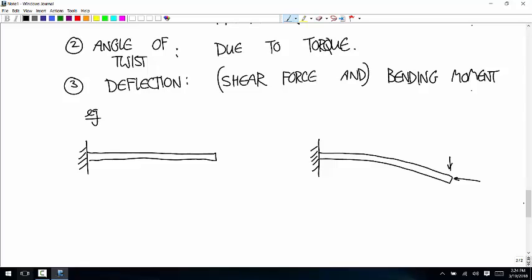So when I say macroscopic, that's what I'm talking about. You can't see the local deformation at a point, but you can visually see this deformation.